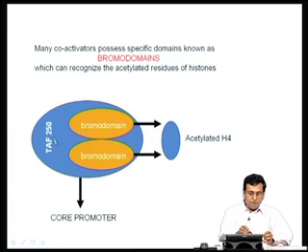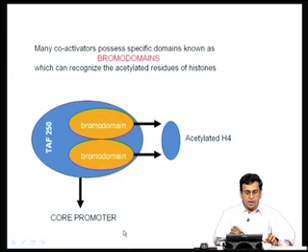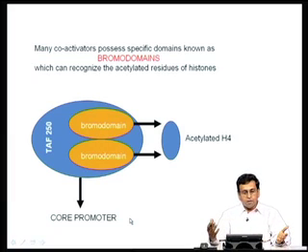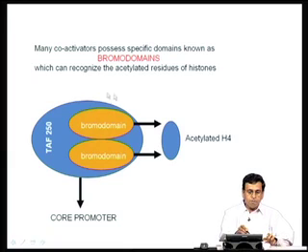On the other hand, TAF250 in association with other components of TFIID can also recognize the core factor, and therefore these two processes are integrated, and that is how it brings about activation of transcription. So, the acetylated histone H4 is recognized by a member of a general transcription factor complex through the bromo domains, and then in combination with RNA polymerase can bring about transcription activation.